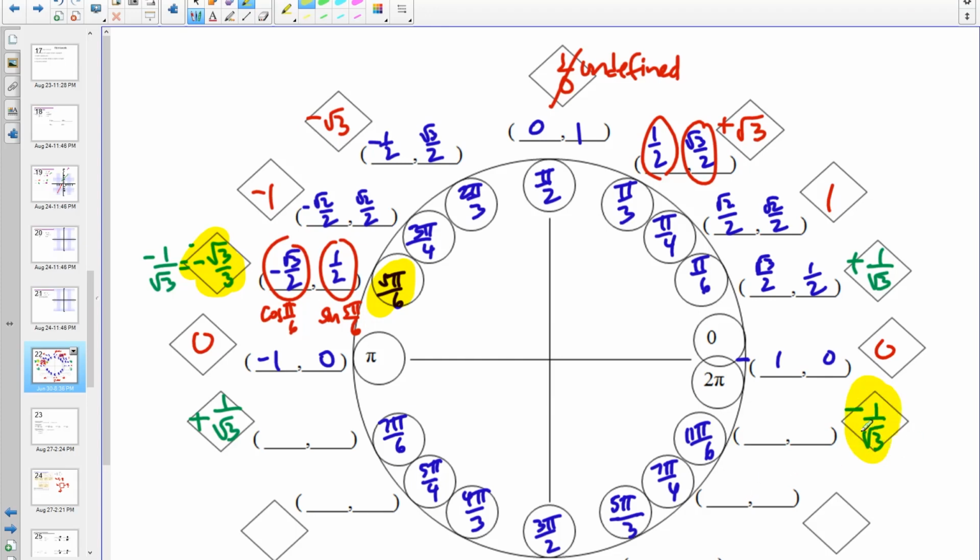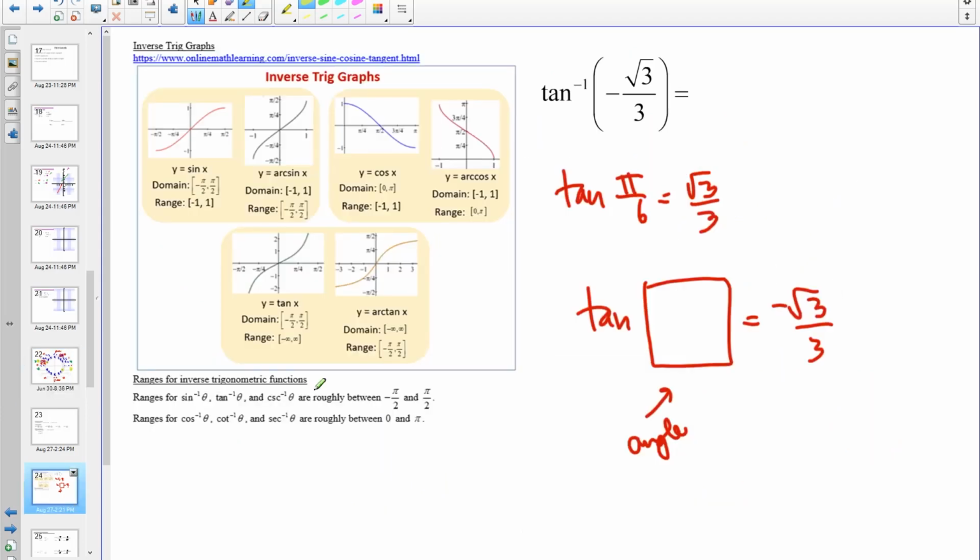It's also here at 11 pi over 6. And the question is, which one is the answer? Because what I do know is that the tangent of 5 pi over 6 is negative square root of 3 over 3, but I also know that the tangent of 11 pi over 6 is negative square root of 3 over 3.